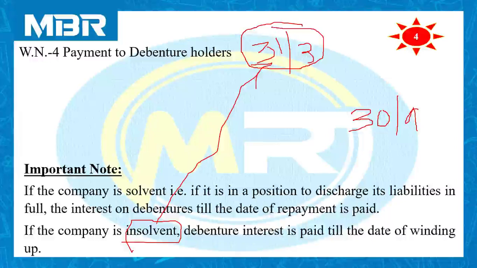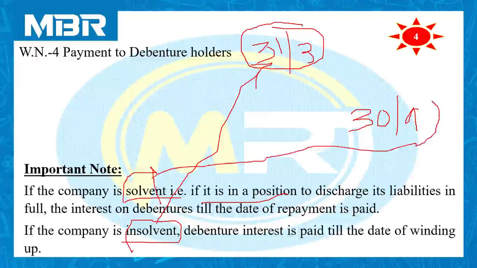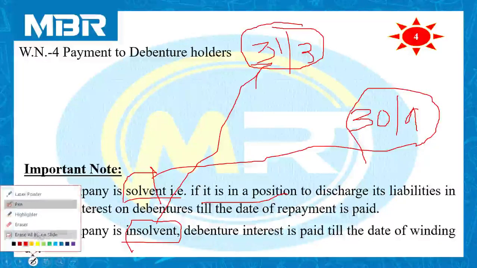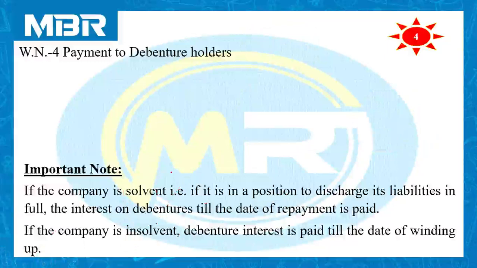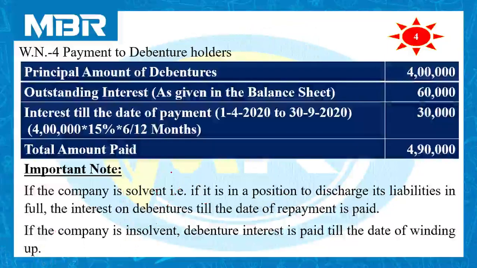It means 31st March. But if the company is solvent, that is financially sound, the company is able to pay its liabilities in full, at that time interest on debenture is payable till the date of repayment, that is September 30. It is compulsory to follow the guideline given in the Companies Act. Now let us understand the calculation.